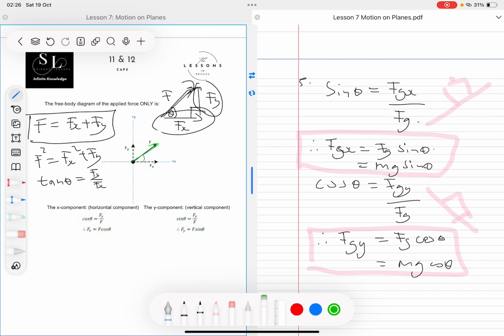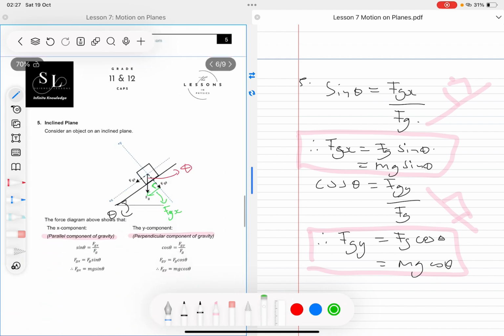Your x component will not always be given by f cos theta. It might be f sin theta, right? And also this can change to a cos theta depending on where the angle is and in which quadrant your force is placed. That will play a role.